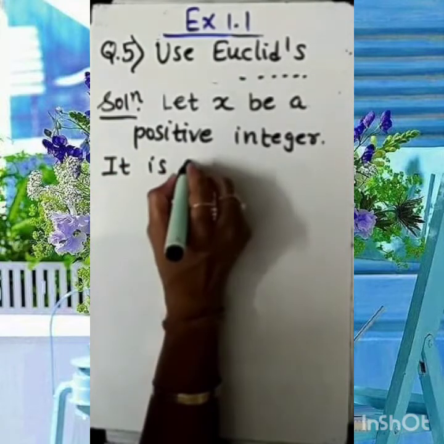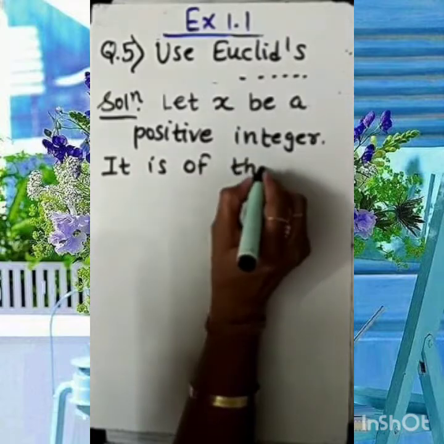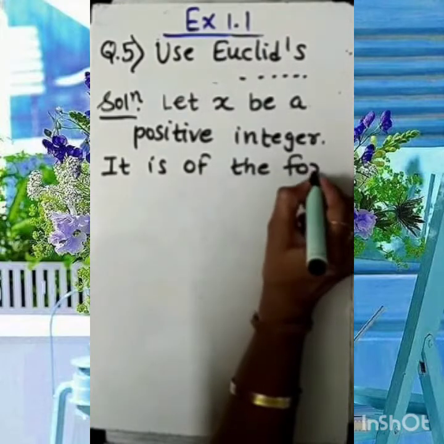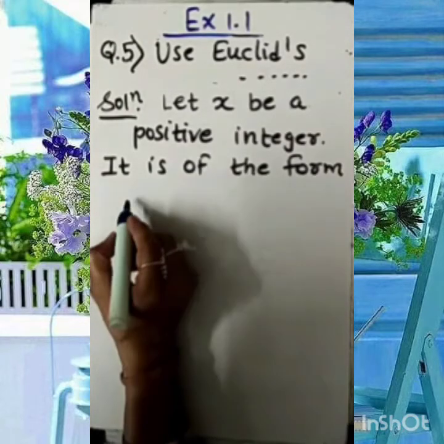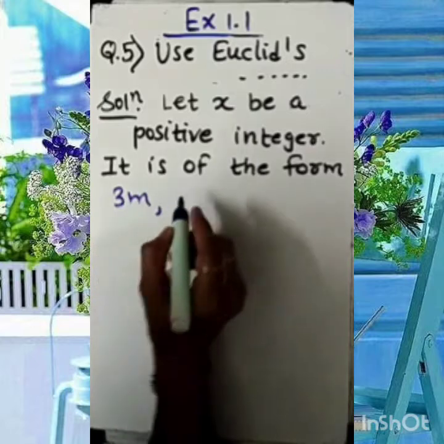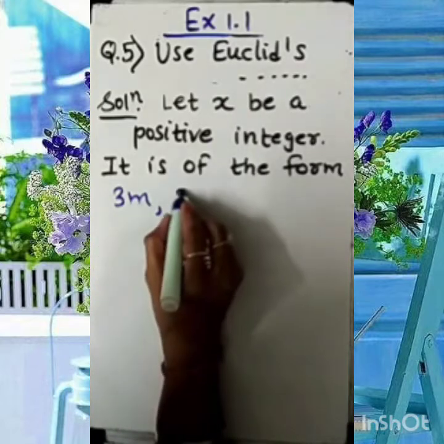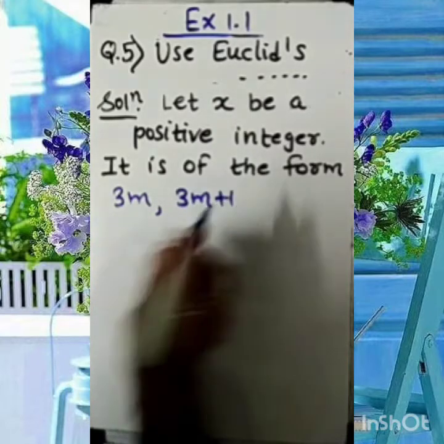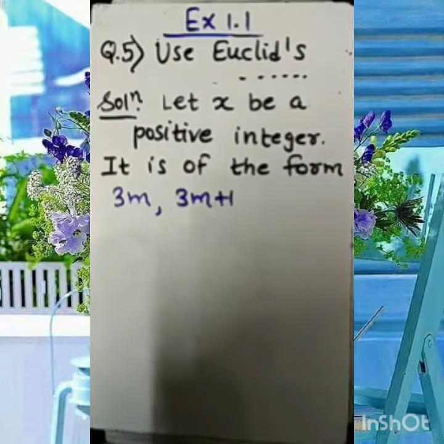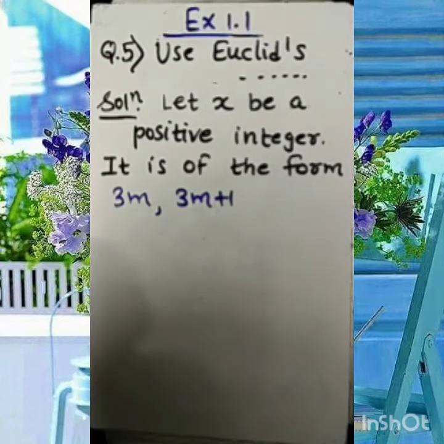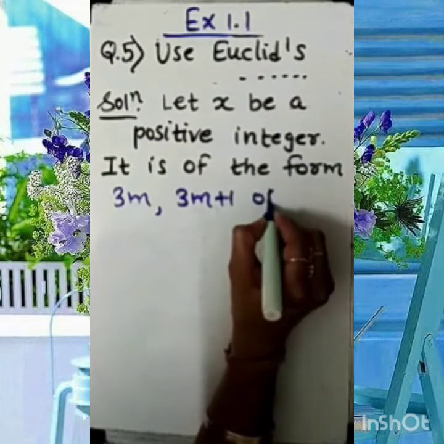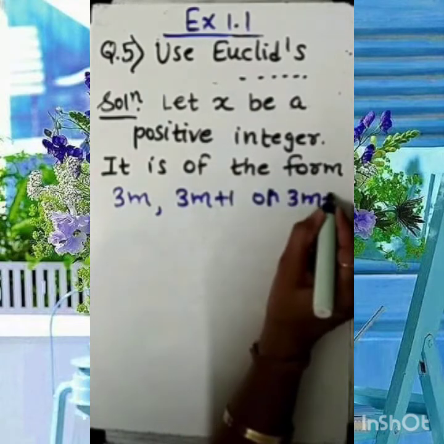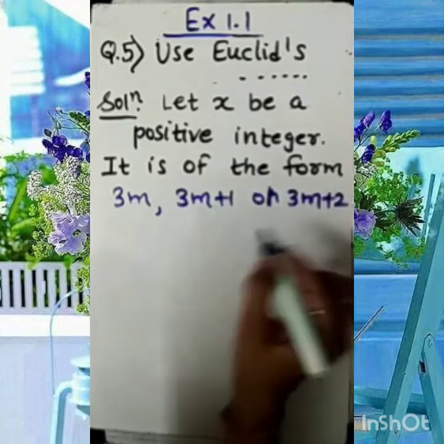If it is a positive integer, then of course, we know that its form can be 3m, 3m plus 1 or 3m plus 2. This can be its form.